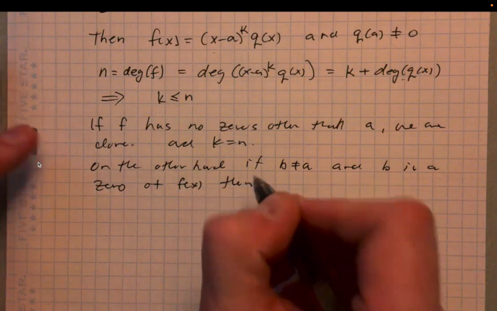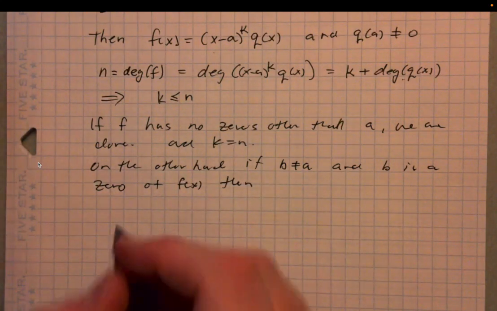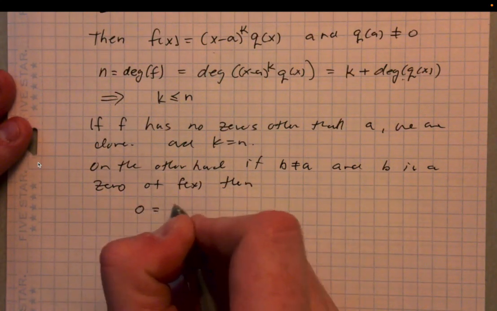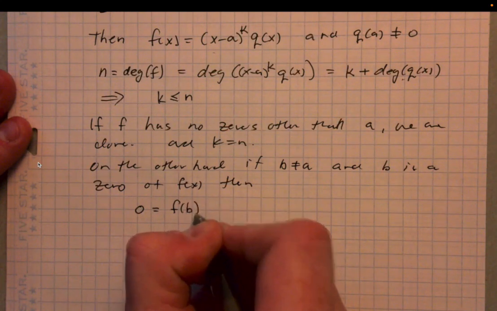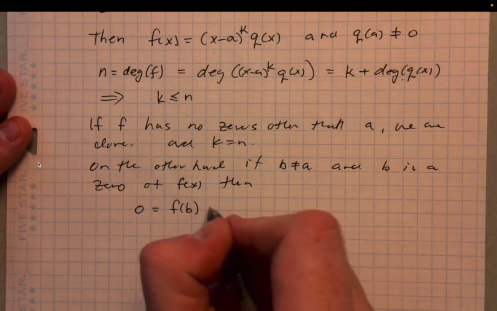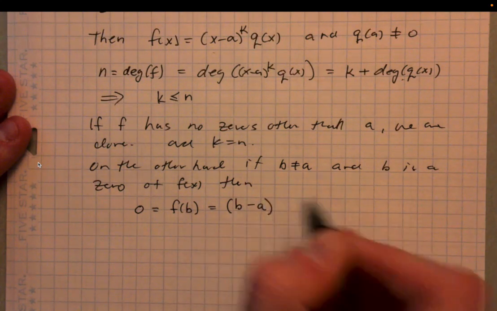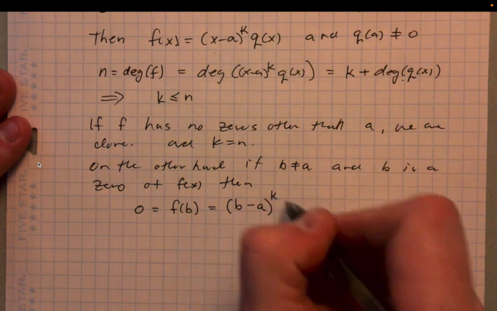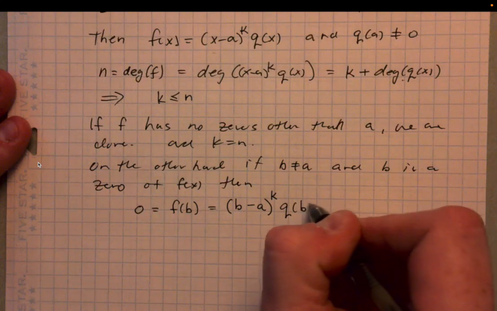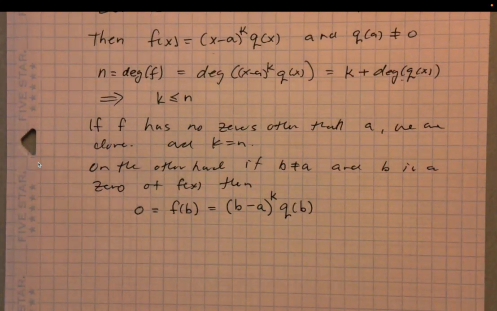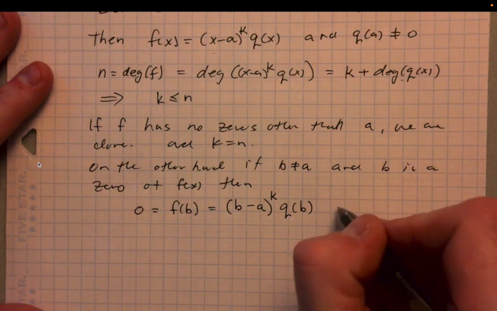then what? Well, then 0 would be equal to f of b, right, which would be equal to (b minus a) to the k power times q of b. Right, so in this case, b would also be a 0 of q of x.